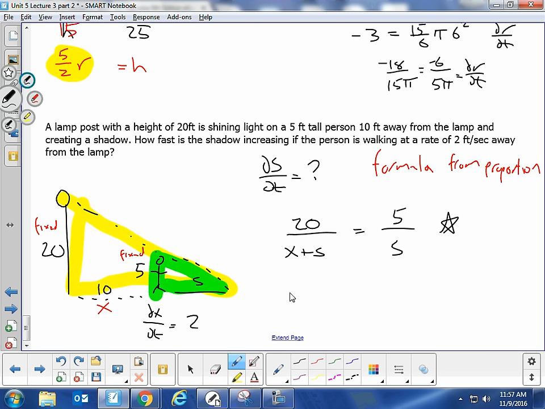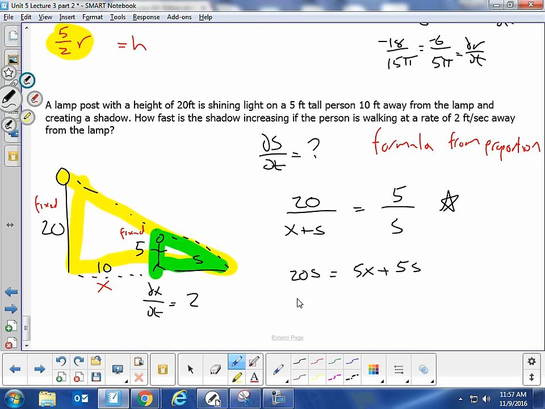You can then cross multiply and simplify this formula, and you'll notice that this ends up being very simple to tackle. This is 15s is equal to 5x. You take the derivative with respect to t. You get 15 ds/dt equals 5 dx/dt. You know dx/dt is 2.